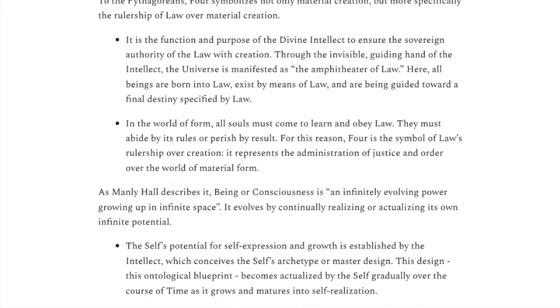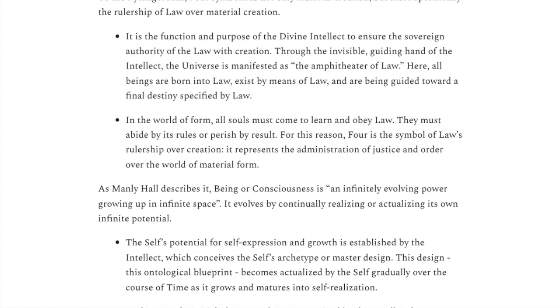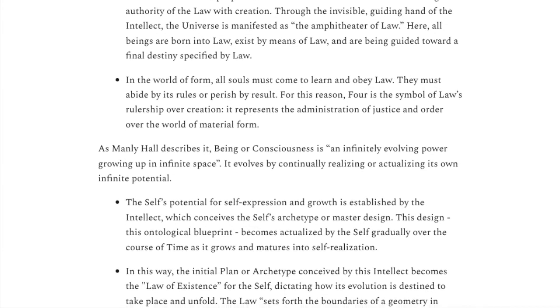It represents the administration of justice and order over the world of material form. And I say over, but it's really within and through. As Manly Hall describes it, being or consciousness is, quote, an infinitely evolving power growing up in infinite space. It evolves by continually realizing or actualizing its own infinite potential.